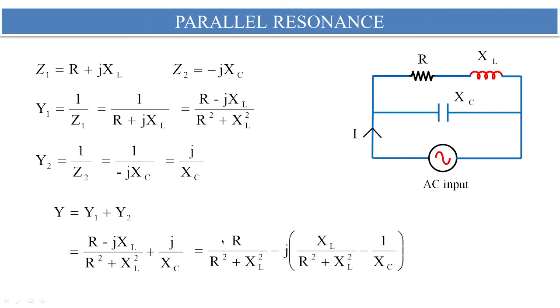This gives you the conductance value and this gives you the susceptance value. Like in the series resonating circuit, we have the real component which is resistive and the imaginary component which is inductive. Similarly, under the parallel circuit, we can frame the impedance with the admittance value. The real value is the conductance and the imaginary value is the susceptance. I hope you understood this equation framing.